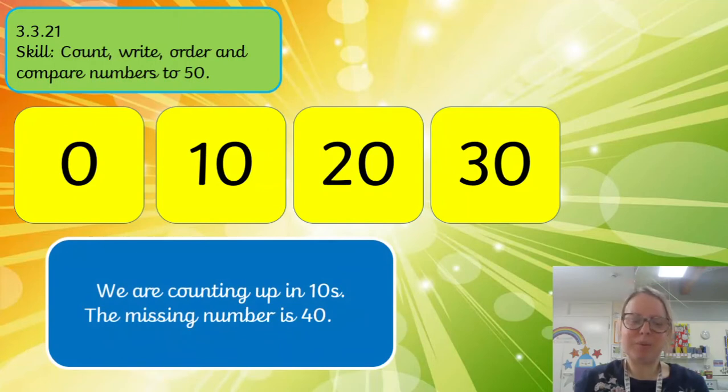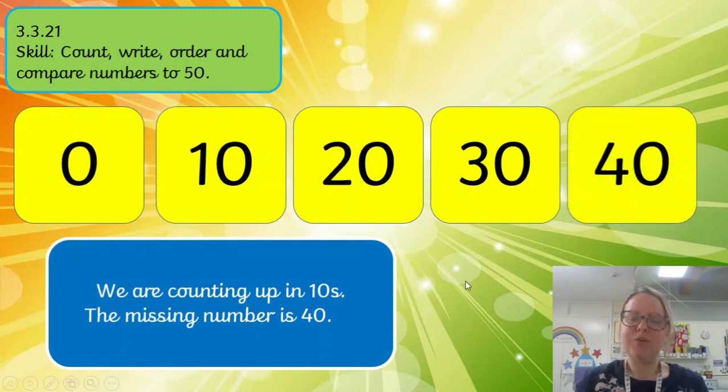This number pattern is counting up in tens: 0, 10, 20, 30. The missing number is 40. Did you get that one right?